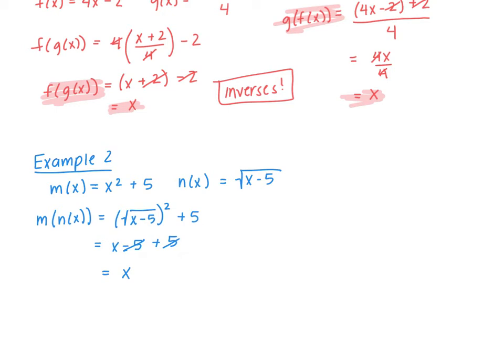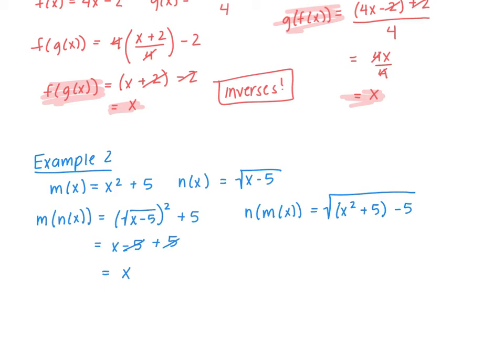But again, just because one composition is equal to x doesn't mean that the other one will be, so we have to check that one too. So n of m of x is going to equal the square root of x squared plus 5, minus 5.